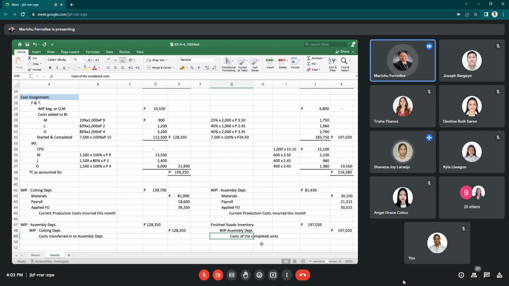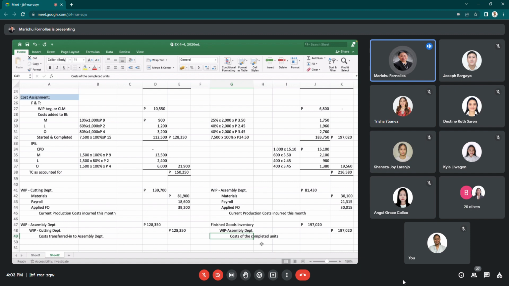The units were first processed in the cutting department. After processing in cutting, they are forwarded to the assembly department. So the cost from cutting is forwarded to assembly.